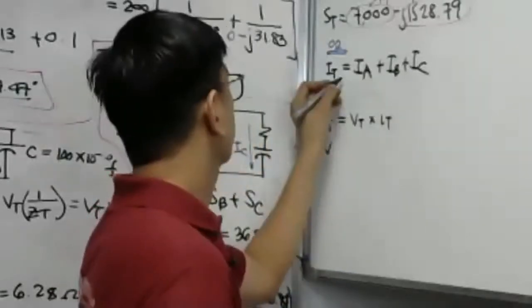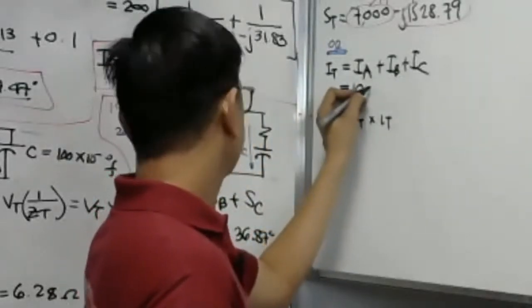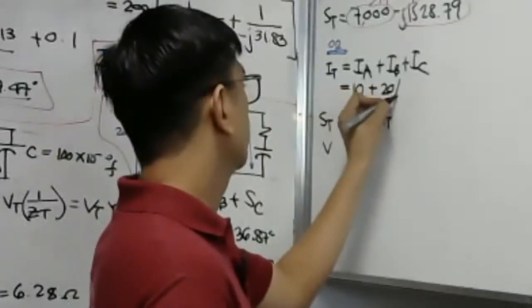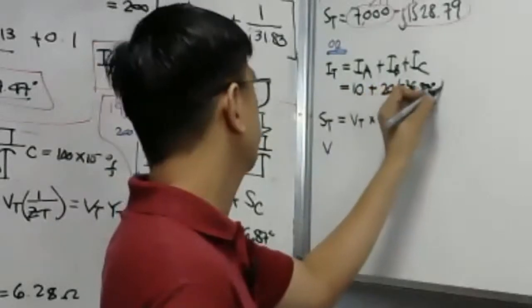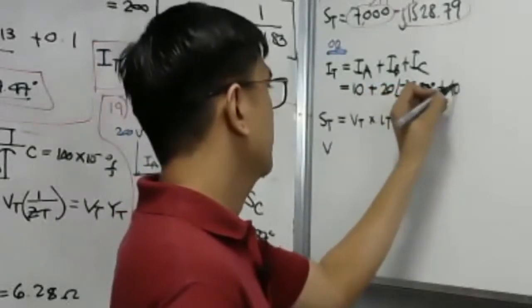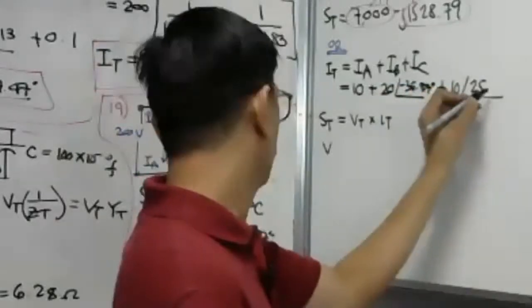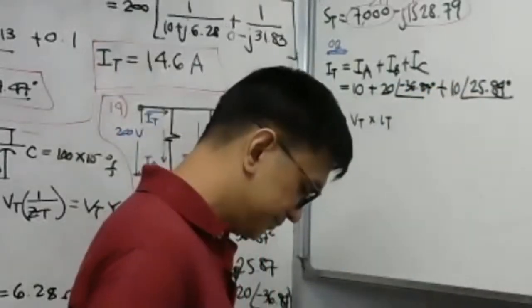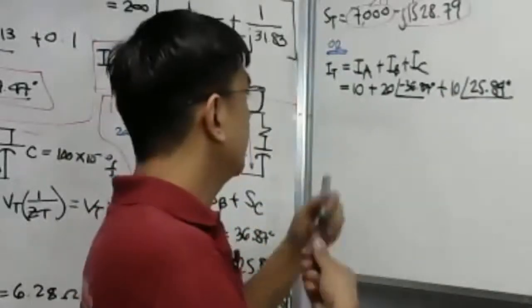Let us make it detailed. 10, then plus 20, bar angle negative 36.87 degrees, plus 10, bar angle 25.84 degrees. What is the value here?